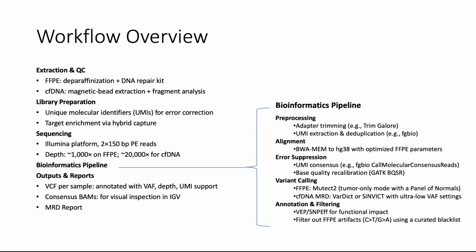There are additional steps to extract cell-free DNA if we need to work with these sequences, and after that we'll need to prepare our library by adding unique identifiers for molecules, barcodes, and after that, during sequencing, we will be able to have our reads in a certain length and certain depth. I will cover a bit later what they stand for.